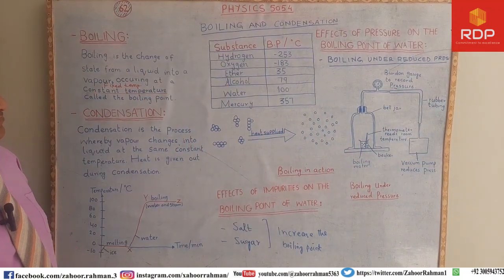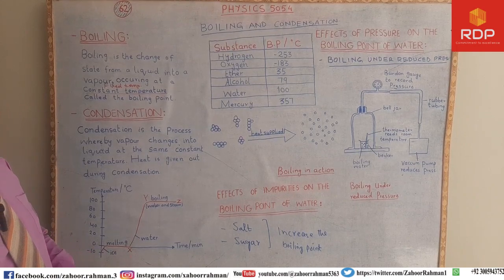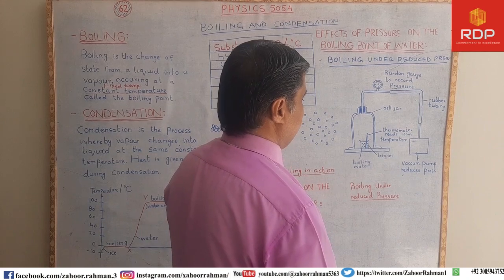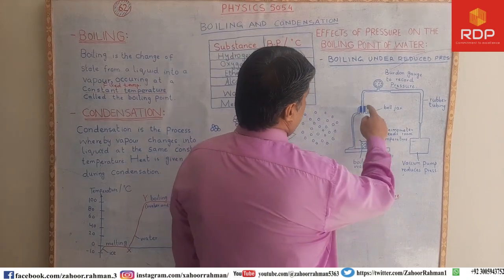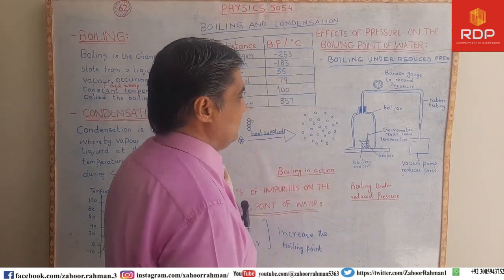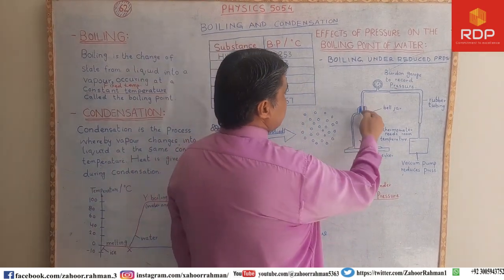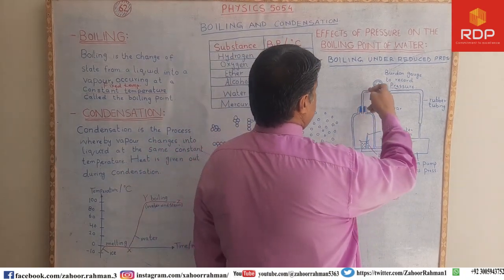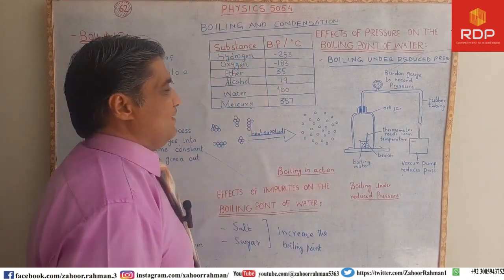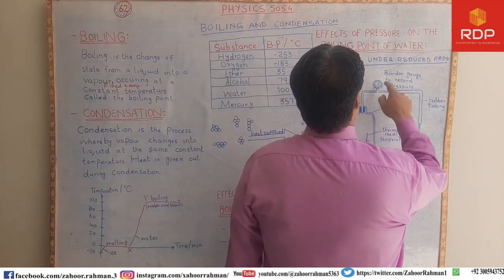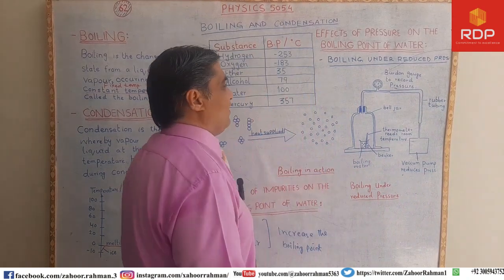And let us examine this with the help of an experiment. There is a bell jar, which is this one. There is a cork here, in which there is a small pipe on which there is a Bourdon gauge to record the pressure.